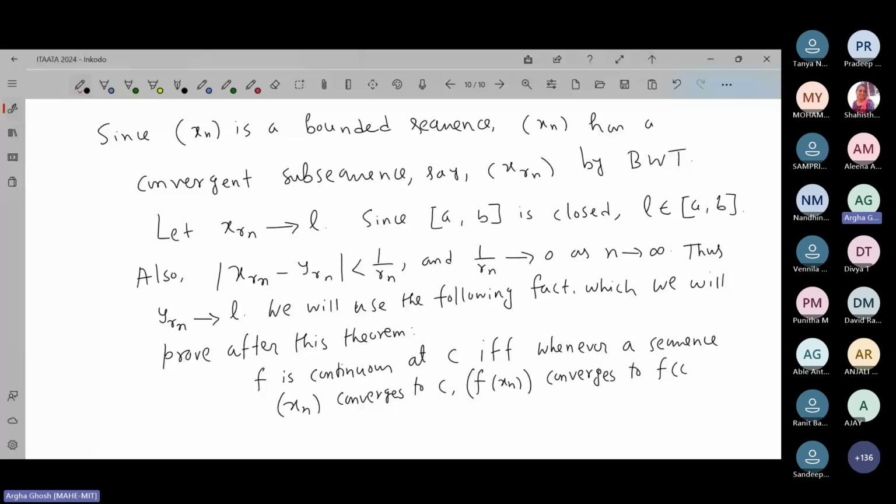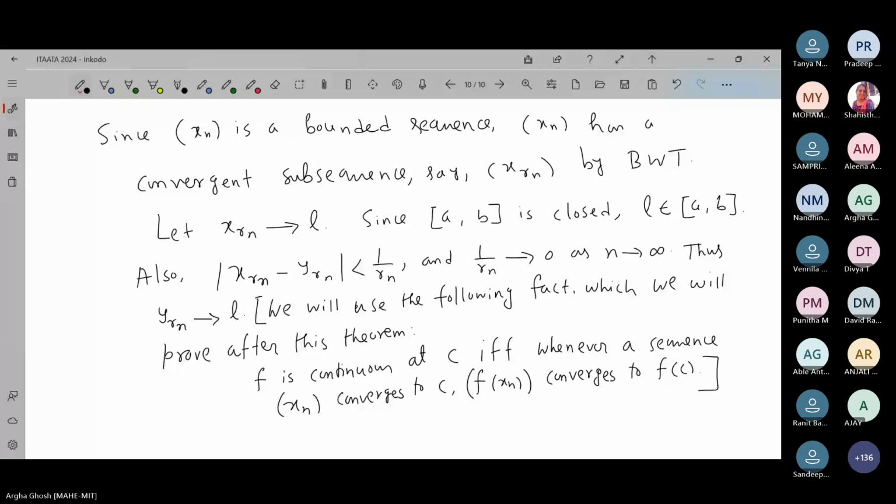If f is a continuous function at C, if and only if we have a sequence Xn which converges to C, then f of Xn, this new sequence, is also going to converge to f of C. I should have proved this before, but okay, let's continue this flow.